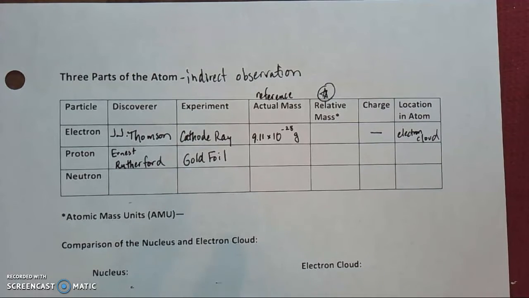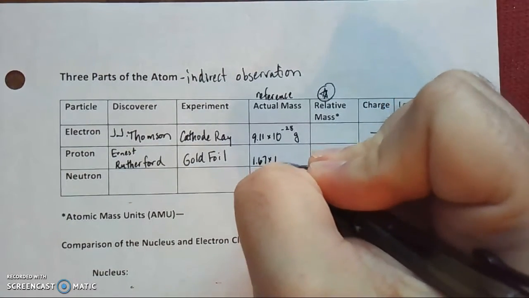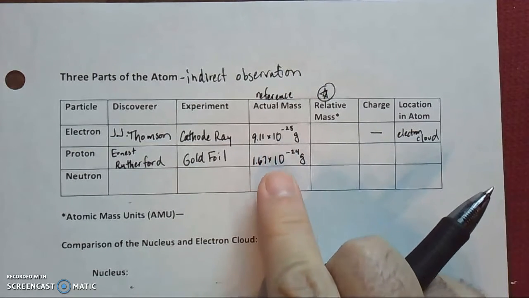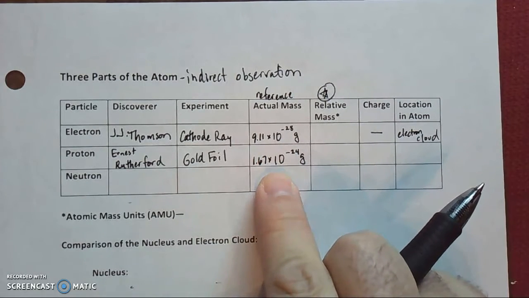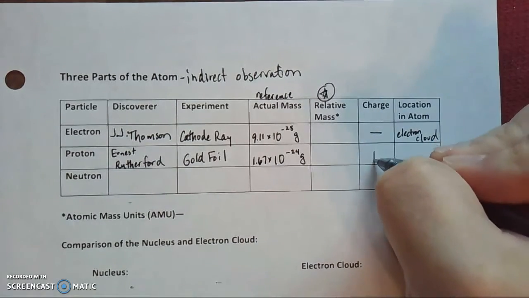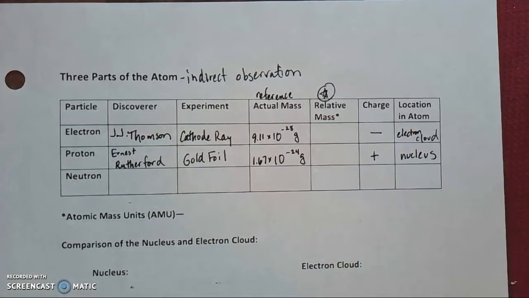There's one that's an animation and one that's a recreation of this. And you can see how this gold foil experiment worked and how they were able to figure out the existence of the nucleus, and then the proton. The actual mass, 1.67 times 10 to the negative 24th grams. So you can see that it's a lot bigger than an electron, but it's still really, really small. Its charge is positive, and it's located in the nucleus.